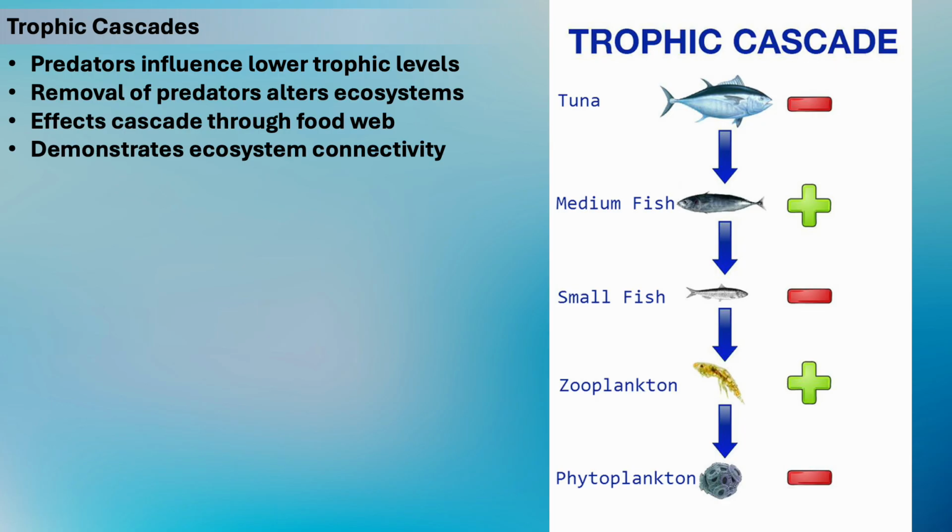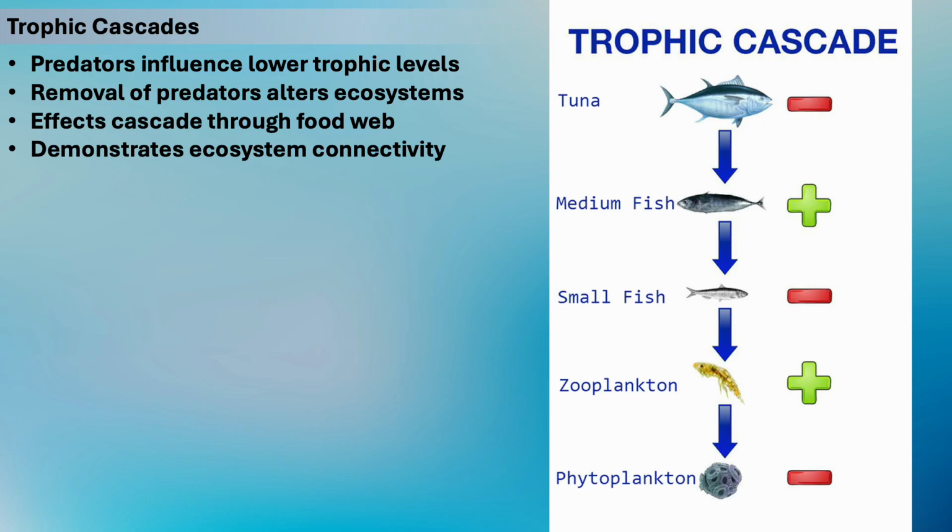In a trophic cascade, changes in predator populations can ripple downward through the food web. For example, if a top predator declines, the population of its prey may increase. If those prey organisms consume herbivores, herbivore populations may then decline, which can ultimately influence the abundance of primary producers.